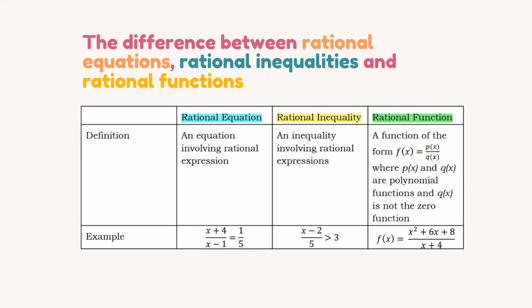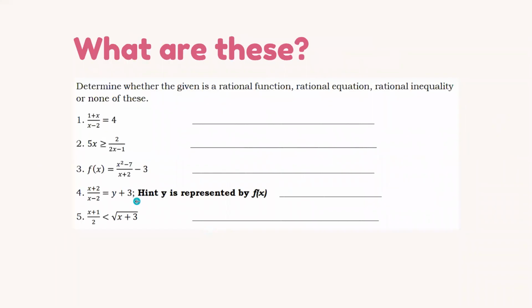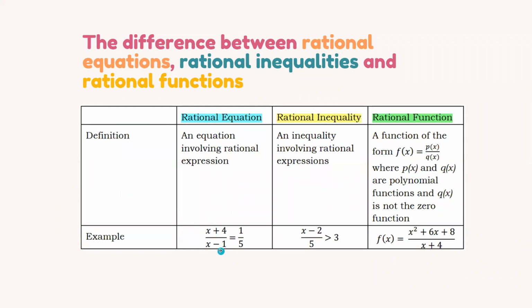But there is also a difference between rational functions, rational equations, and rational inequalities. So what is the difference between the three? A rational equation is an equation involving a rational expression. So we have here the rational expression, x over 4 over x minus 1, equals a number.